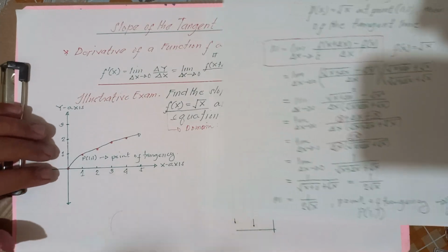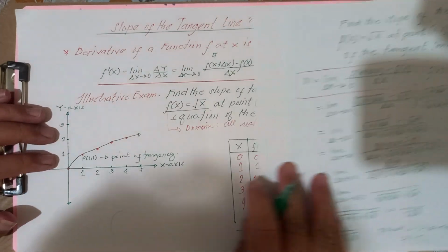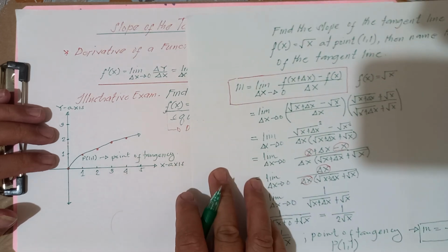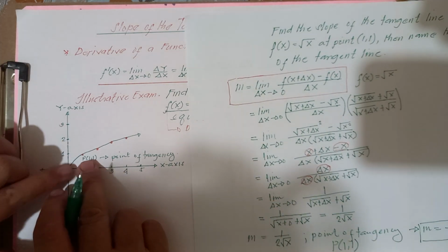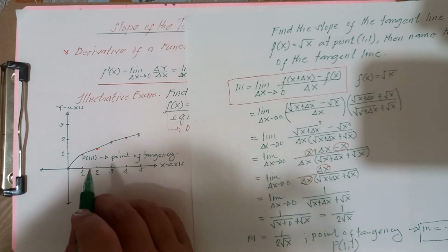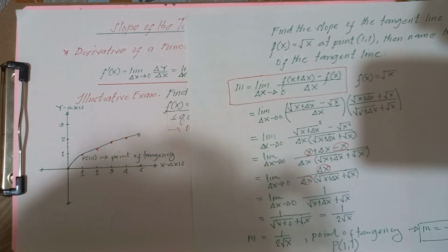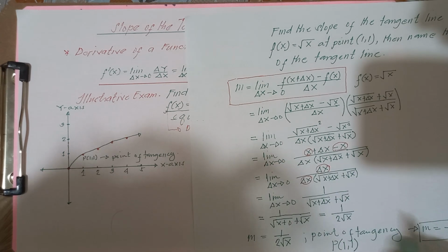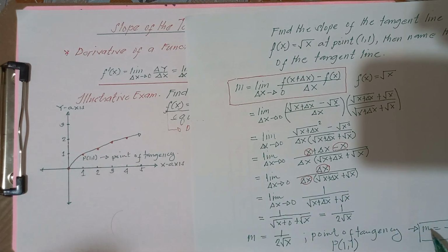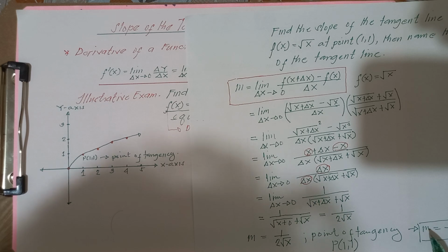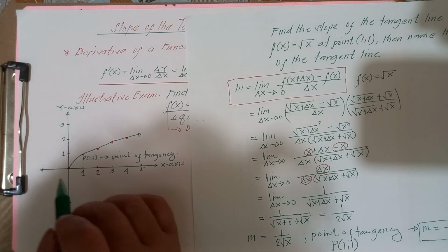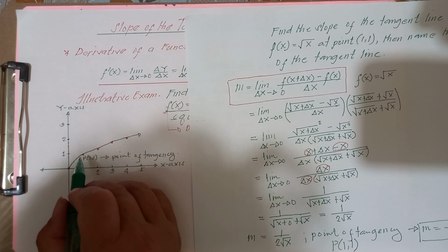So this is the slope of the tangent line, and we have said that the slope of the tangent line is also the slope of the curve at that certain point, which is the point of tangency.